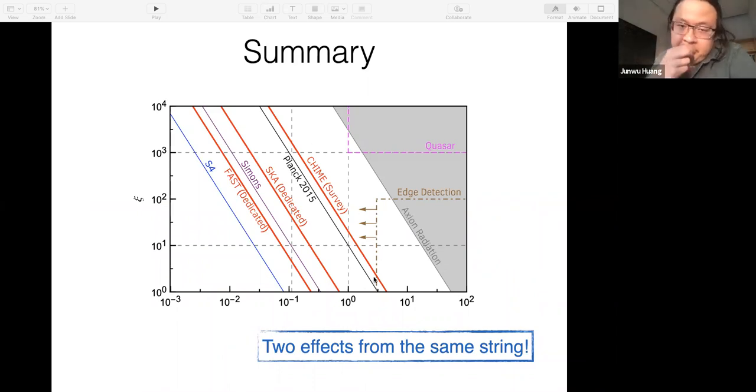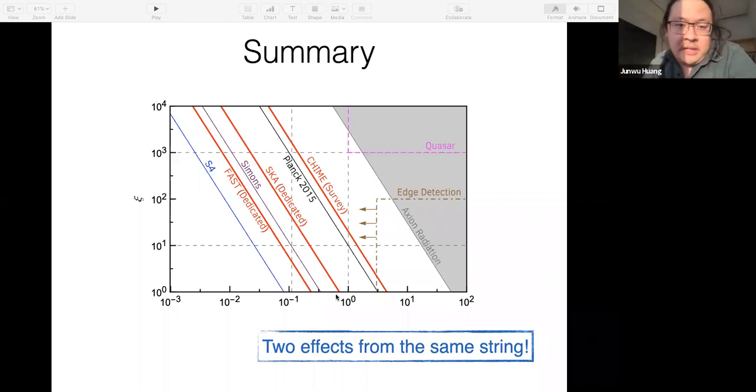And what we will find is that the current sensitivity of various detectors, so CHIME is a detector that can only do surveys, and SKA and FAST will allow us to point at a particular galaxy to see if there are some of these signals coming out, which is not inside the galaxy.